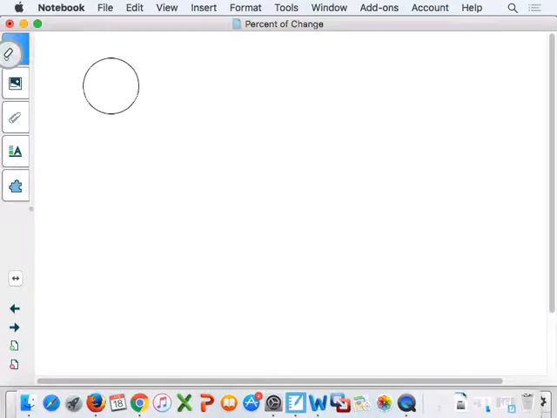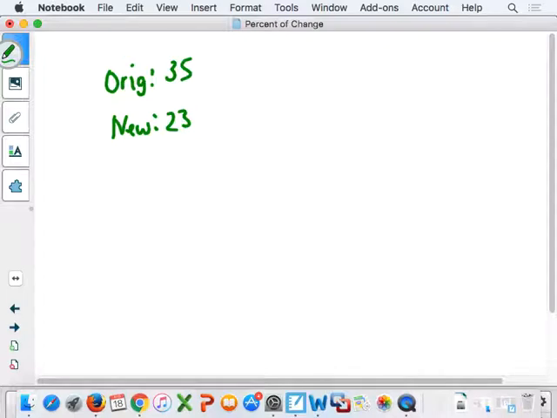Let's say that we originally had 35, and now our new number is 23. Okay? So we had 35 of something, and now we have 23 of something. And we want to find the percent of change, and we want to round to the nearest whole number. Again, because we're just learning the concept, we're not going to take it to the thousandth or anything like that. So we're rounding to the whole number.